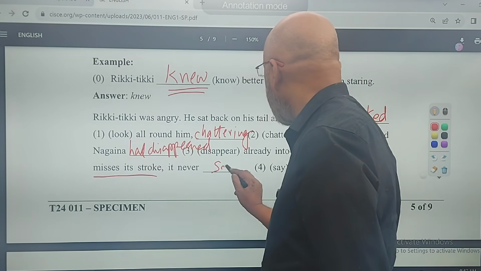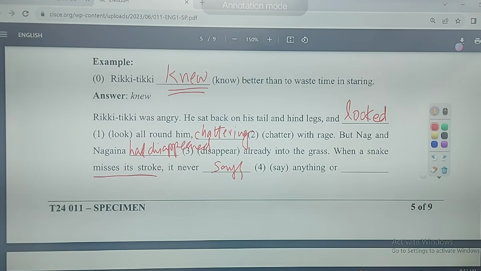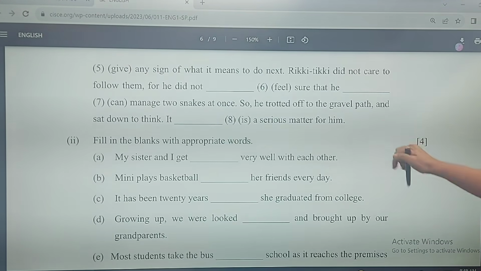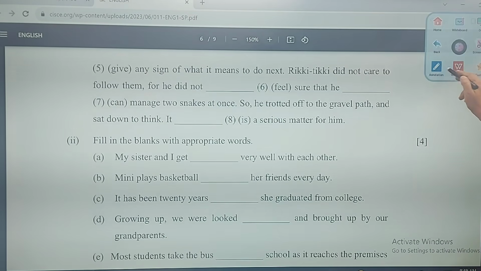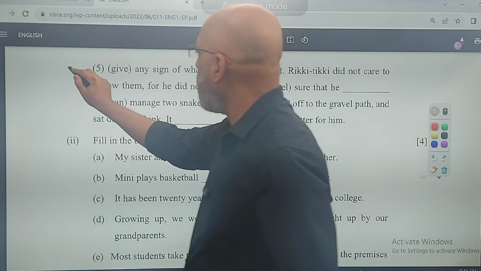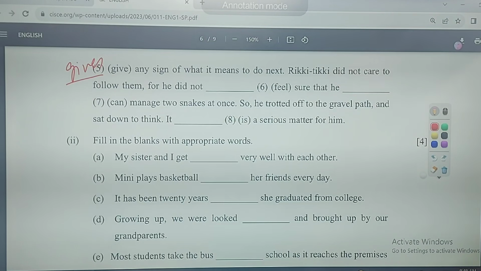So it will be, it never says anything or gives anything, because again it is stating a specific fact. So here it will be gives any sign of what it means to do next.